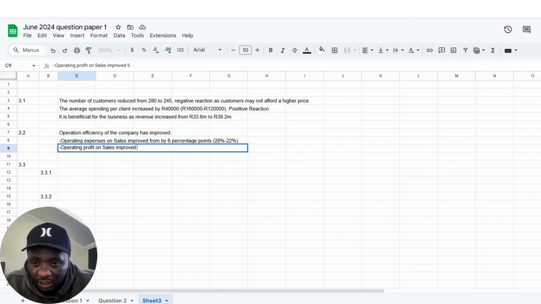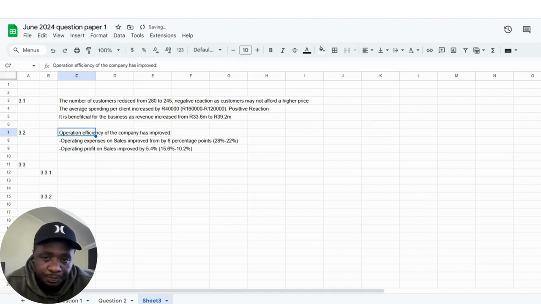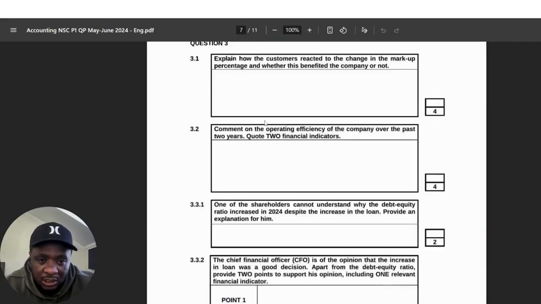So improved by 5.4%, and then the calculation would have been 15.6% minus 10.2%. All right, so then that would make our comment. Cool. So yeah, let's move then into the next question. And this was for what? For 4 marks? Yeah, for 4 marks, that is enough.